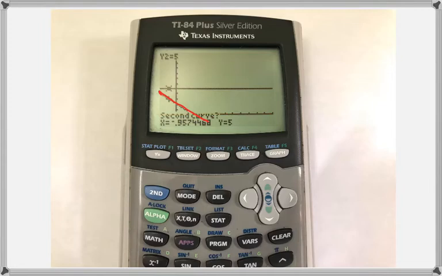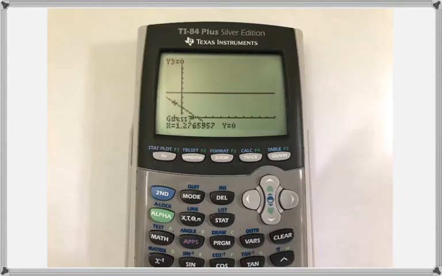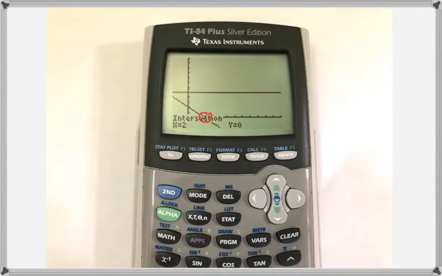Right now the cursor is on y2, which is y is equal to 5, and we want it to be on y3, which was where we entered in y is equal to 0. Pressing up and down changes the line that the cursor is on. Pressing left and right navigates the current line that you're on. So we can get it to be y3, and then press enter, and then make a guess, and we find that the intersection point is 2, 0.